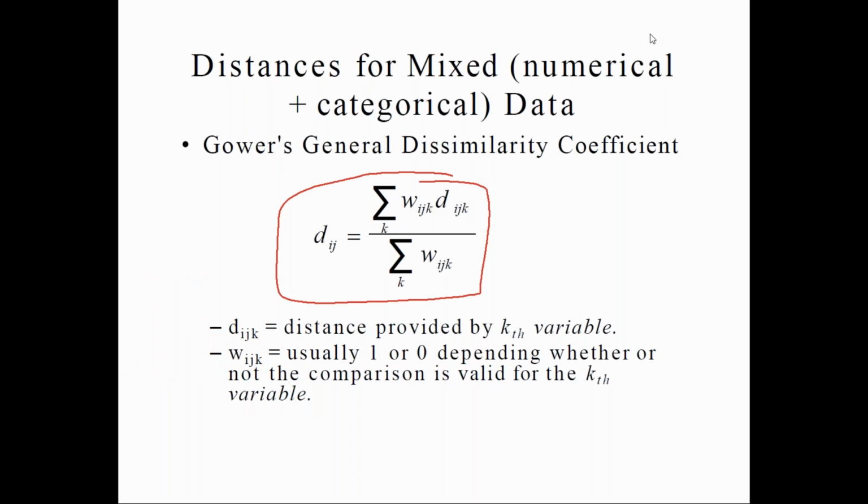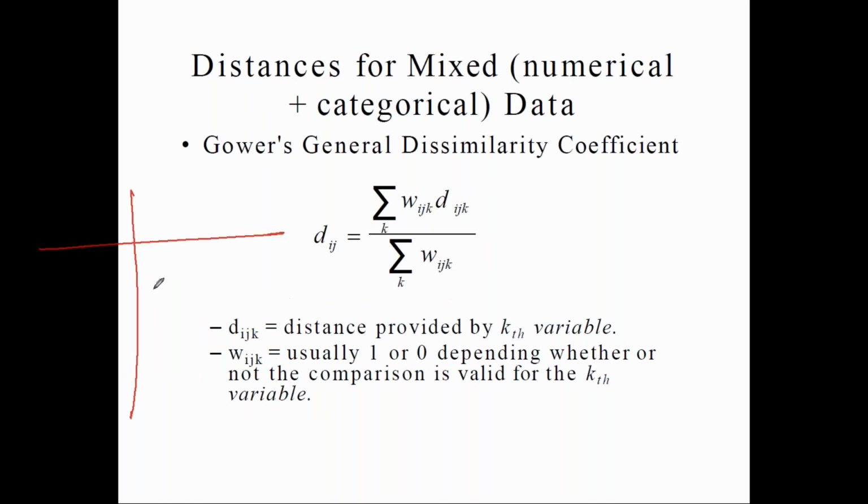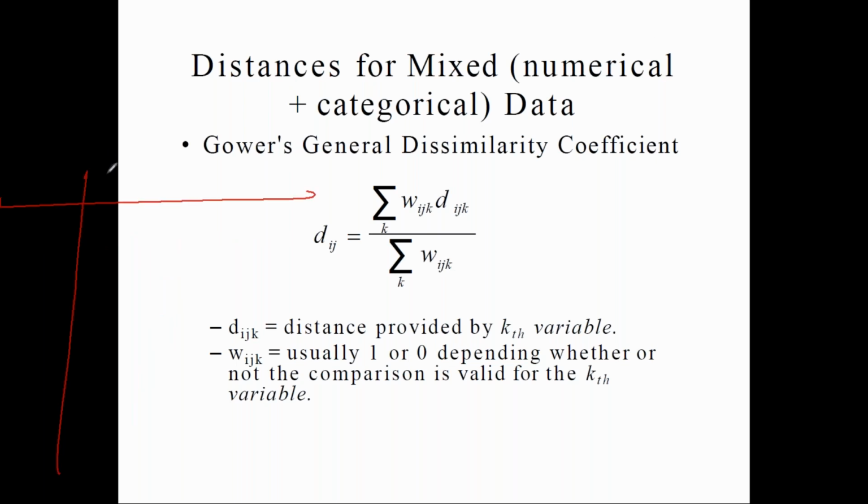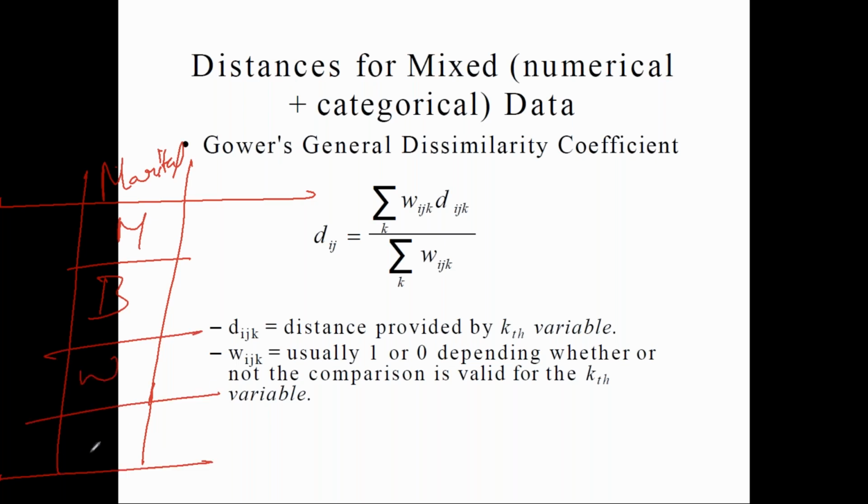If you have multiple categories, just now somebody asked me a question. Now I wrote it as only male and female. But if you have multiple categories, like marital status: married, bachelors, widow, and divorced, four categories.